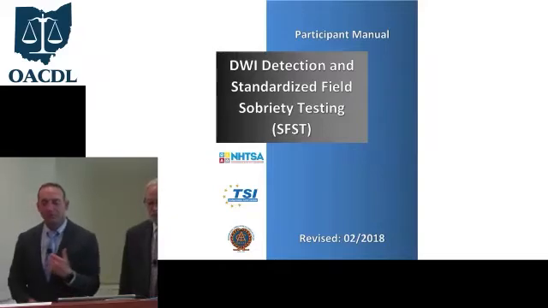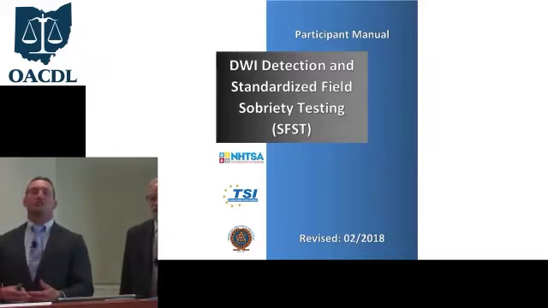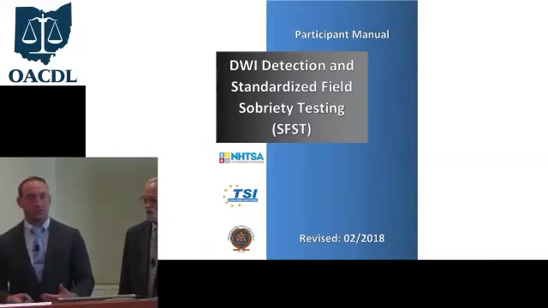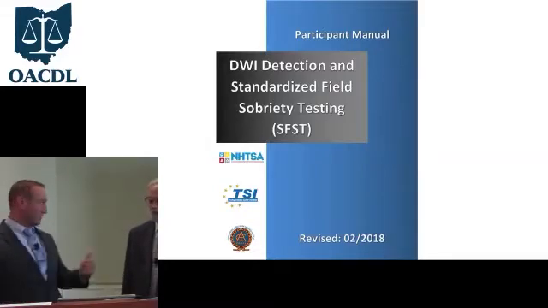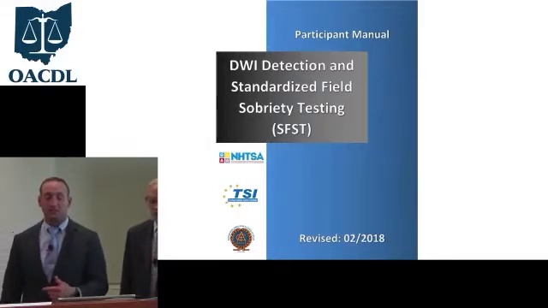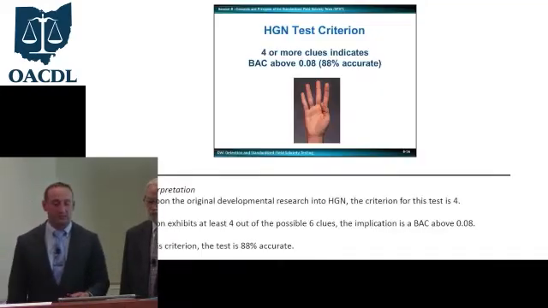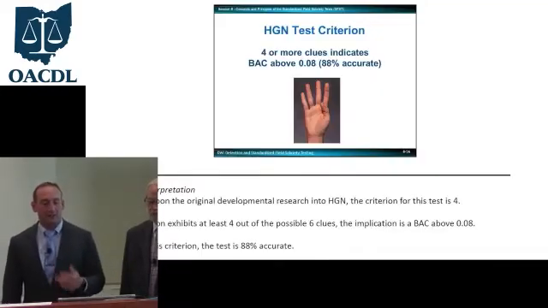So going back to the robustness study in the HGN, if you want to know what 4 clues or 6 clues means, you might look in the NHTSA manual, and it's going to tell you that having 4 clues indicates a BAC over a 0.08. Now that's the 18 manual.